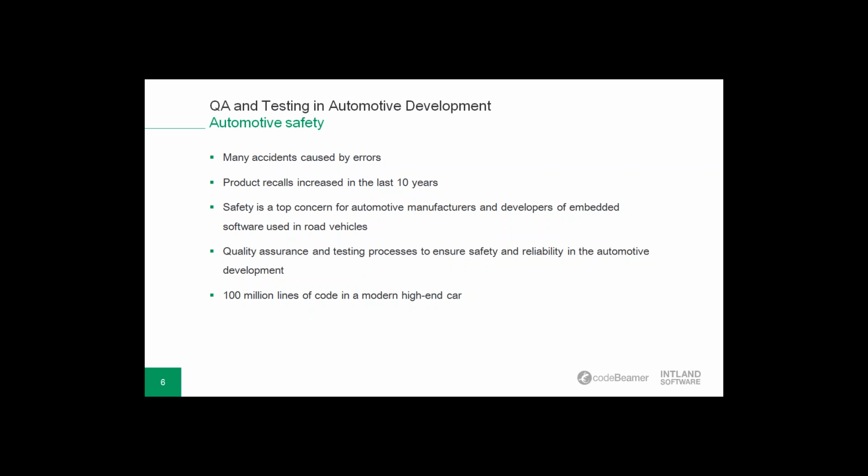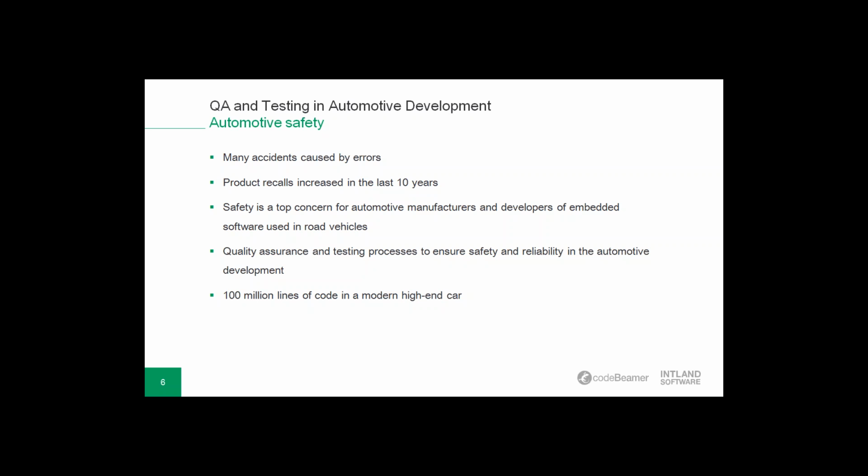Safety is a top concern for automotive manufacturers and also developers of embedded software in road vehicles. And the importance of managing all the risks in especially safety critical industries such as the medical field, the automotive sector, and other transport industries, for example, the railway and aviation, cannot be emphasized enough.